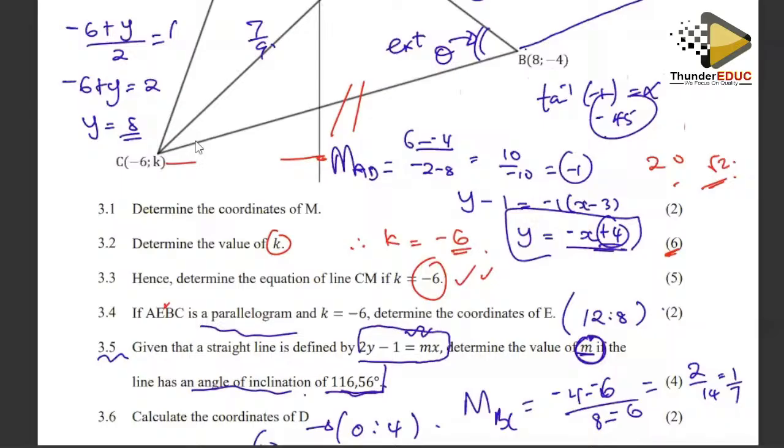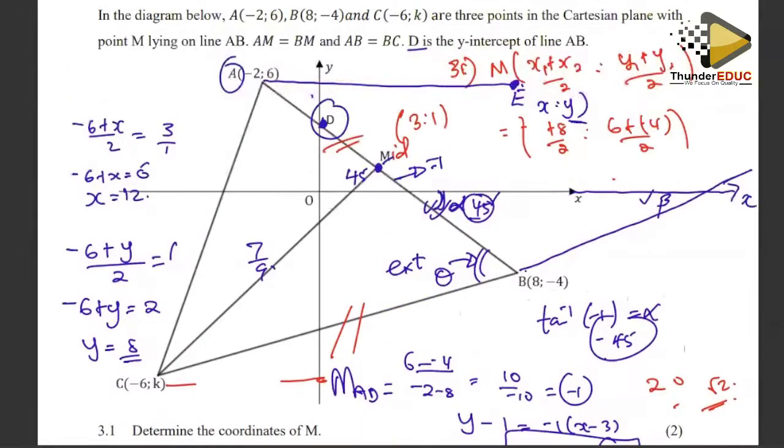So we're going to say that shift tan of 1/7 should give us our beta. Shift tan of 1/7 because I'm focusing on this line.